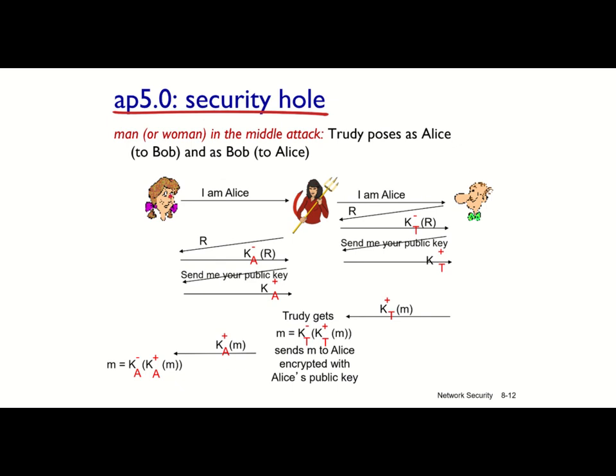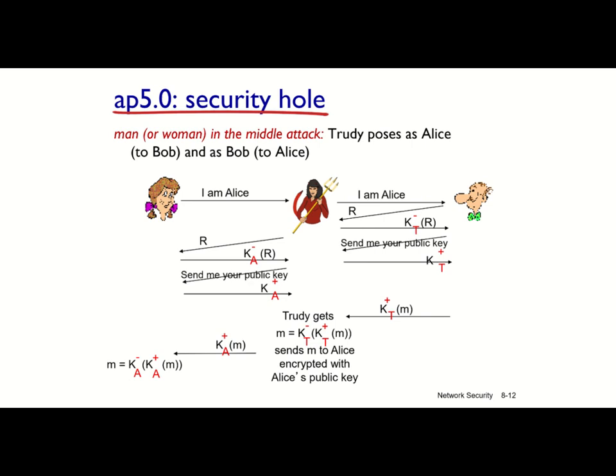So Alice first sent the message "I am Alice" to Bob, but the intruder intercepts it in the middle of the way, and then forwards the same message to Bob using her own IP address.